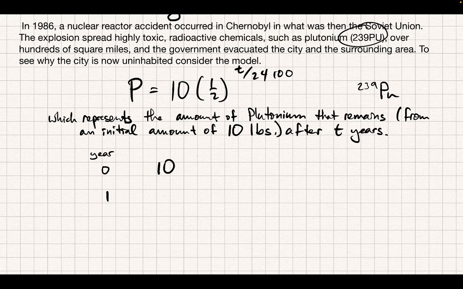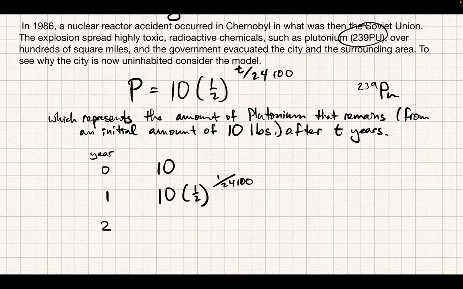What happens at the end of the first year? It would halve the initial, so let me type it into my calculator. Let me just tell you. I'm going to do 10 times 1/2 raised to 1 over 24,100.